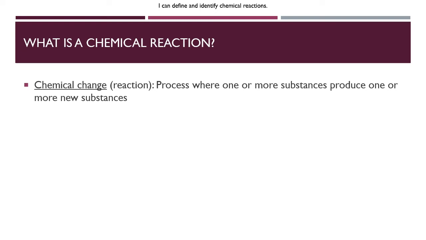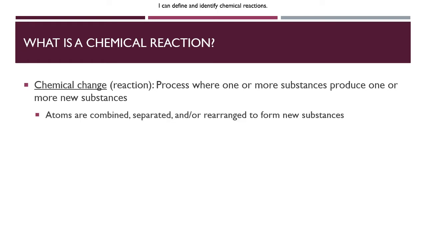Now, we had just a few short demonstrations in class where I showed you some examples of chemical reactions, and what we focused on was how we could observe those and identify evidence that showed us a chemical reaction was taking place. And we'll get to that here in just a second.